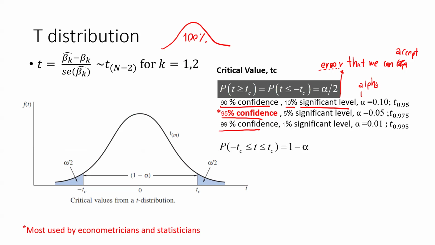You see the relationship between the two values. If I have 99% confidence, the 1% left is an error that I can accept. I can say it is a 1% significance level, or alpha equal 0.01, which literally means 1% as well.